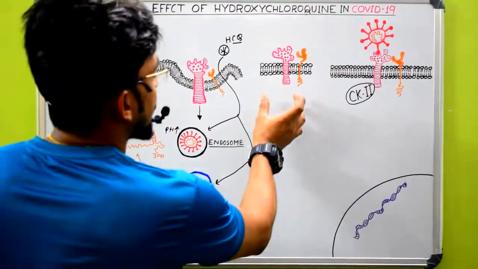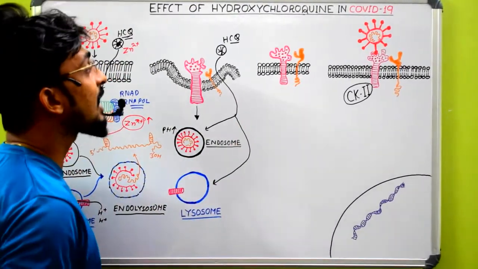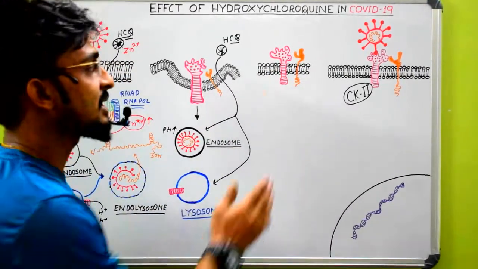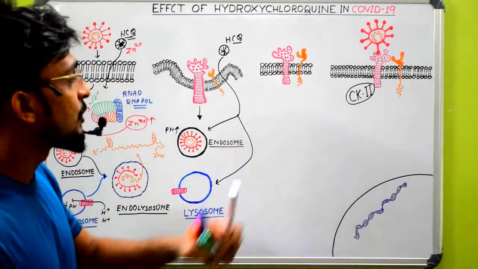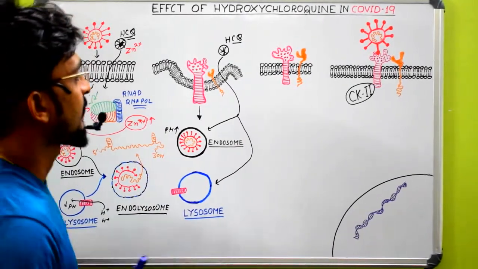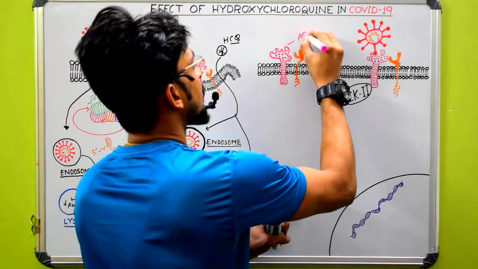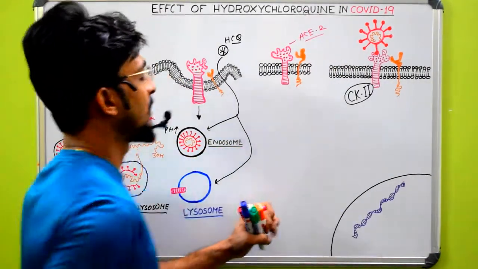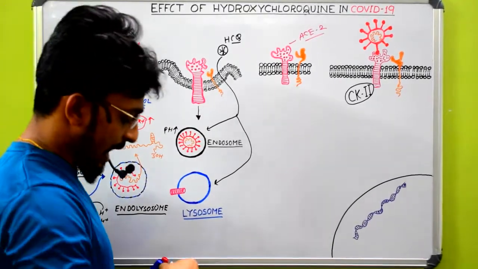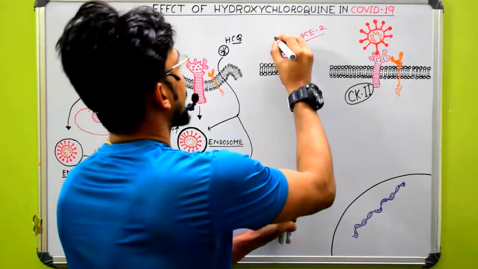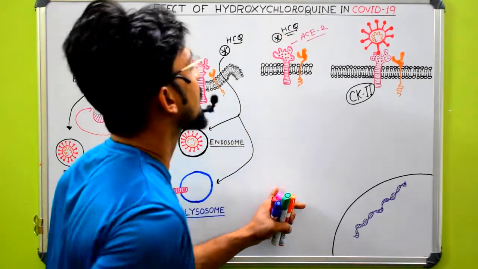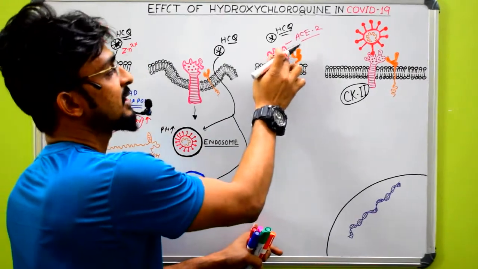Now let me tell you the scenario in this part, what the hydroxychloroquine is doing with the receptor and this particular thing that is present just right after the ACE2 receptor. This is the ACE2 receptor. So hydroxychloroquine, you can see the dots present inside this receptor.